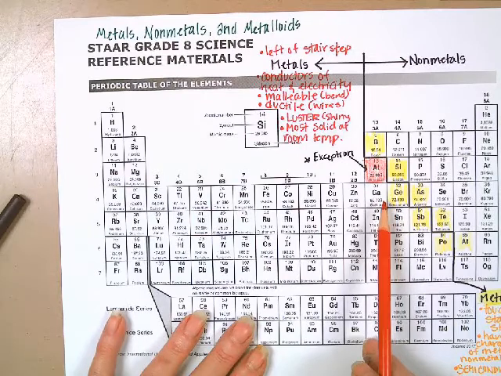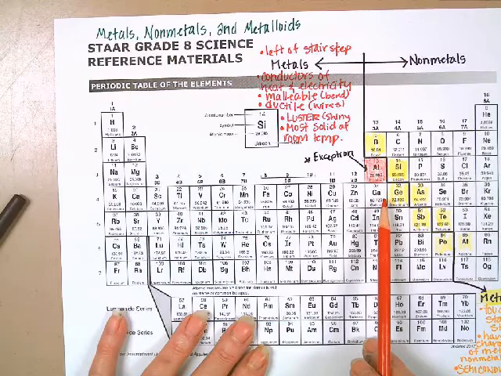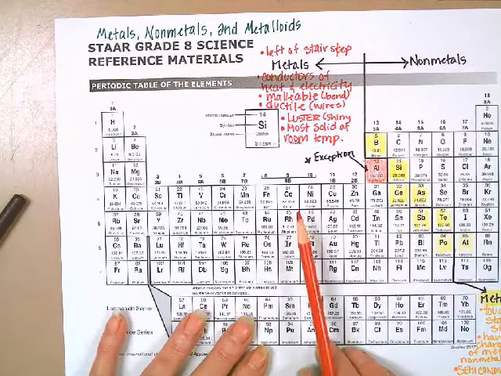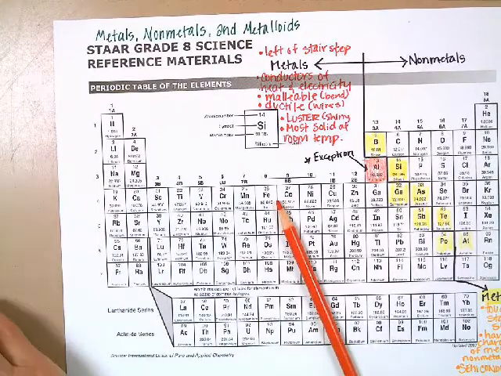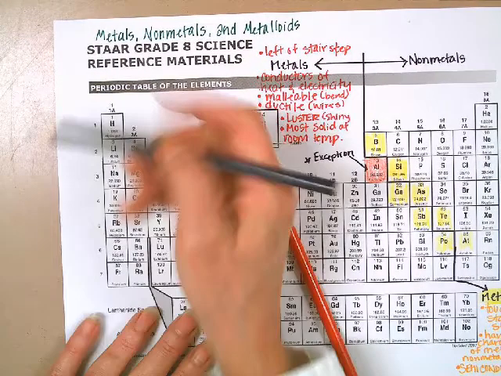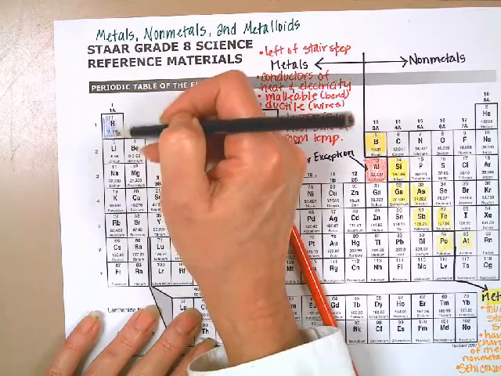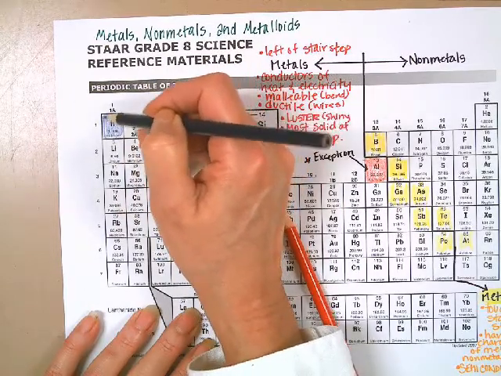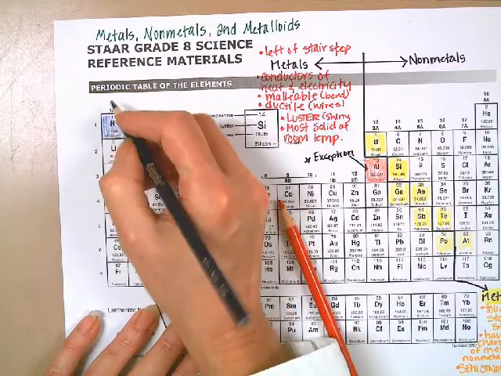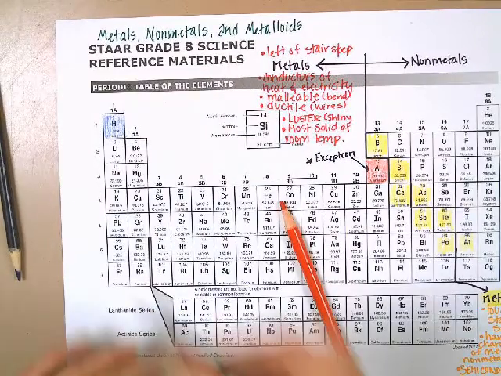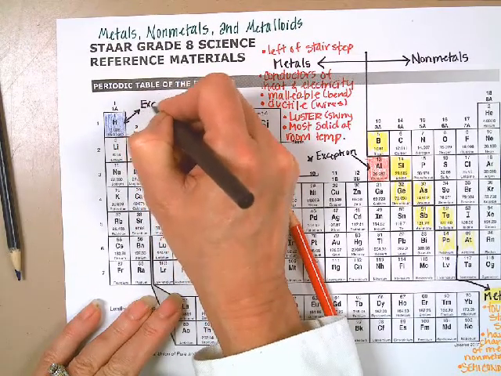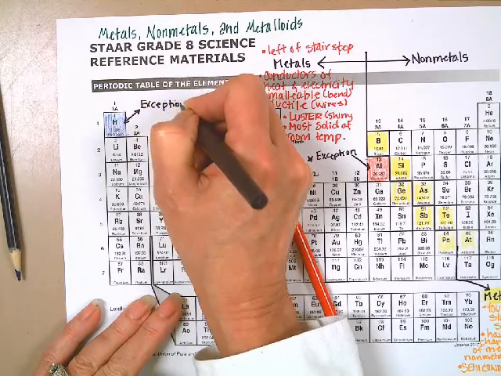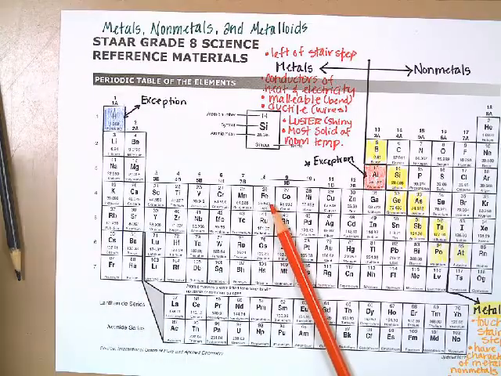As we shade in our metals, we do have another exception on the metal side of the periodic table, and we're going to go ahead and shade that one in really quickly. That would be hydrogen. Hydrogen is on the side of the periodic table that includes the metal, but it is an exception. It's another exception. It is a nonmetal, and we'll get to those in just a second.